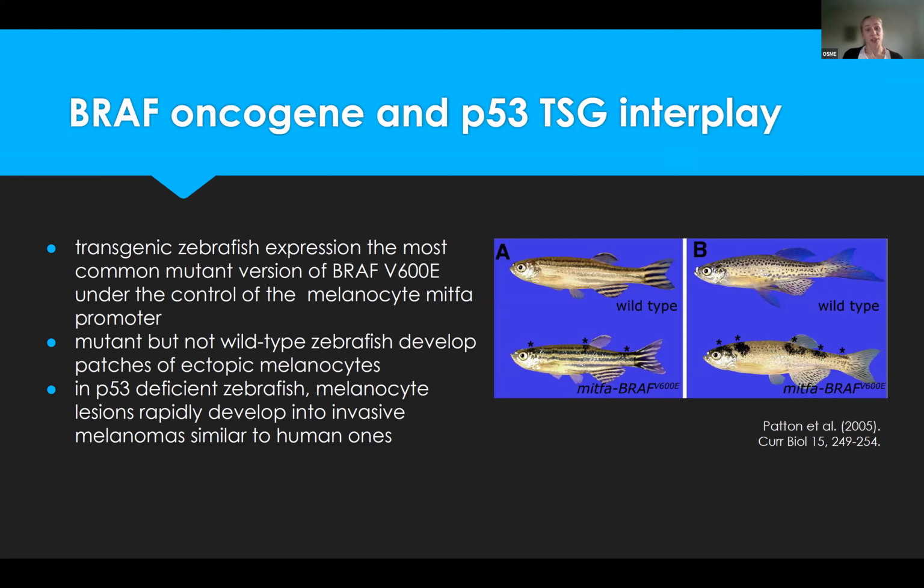And when you do it, the mutant zebrafish develop these ectopic melanocyte patches, as you can see on the right-hand side. So the bottom part in B shows the melanocyte patches, but themselves, they are not cancerous yet. But if you combine it with deficiency of p53 in the same zebrafish, the zebrafish tend to develop melanocyte lesions, which almost immediately turn into invasive melanomas. So again, it shows that a combination of factors is needed for the cancer to develop, not just one of the problems.